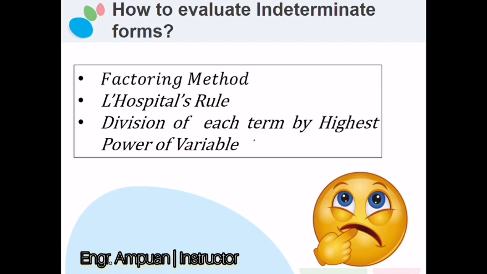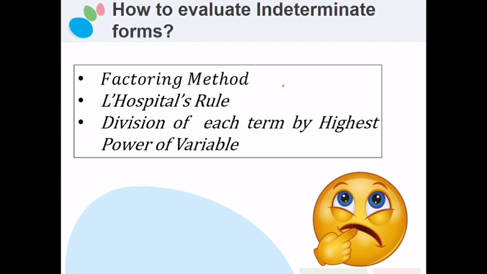As of now, what we need to do is use the factoring method. In the succeeding topics, we can use L'Hospital's rule once we have discussed the derivatives of algebraic functions and also of trigonometric functions.